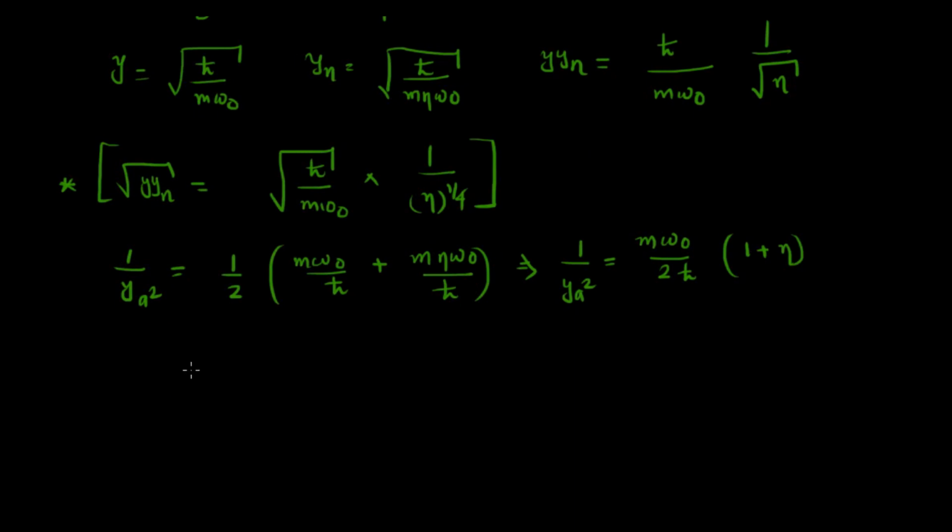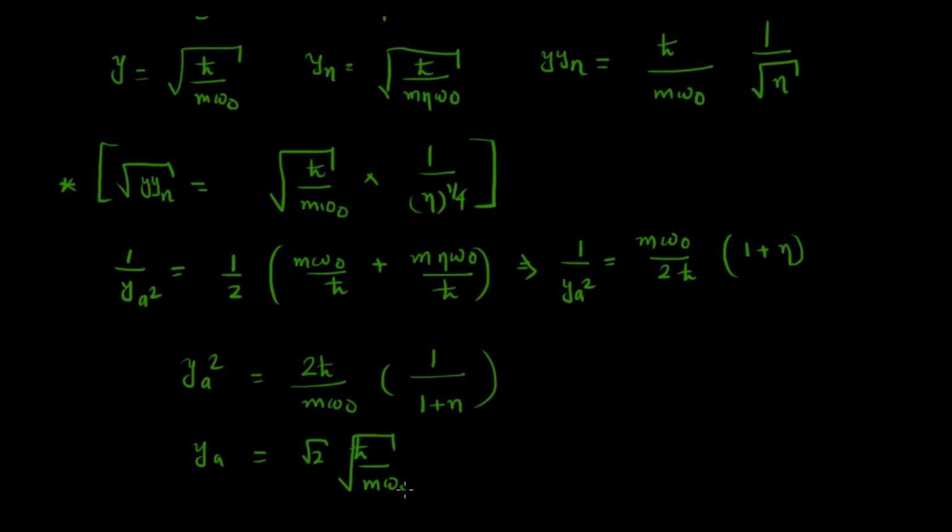So we have ya square equal to 2h cross by m omega naught into 1 by 1 plus eta, and ya to be equal to square root of 2 and the square root of h cross by m omega naught into 1 by square root of 1 plus eta.